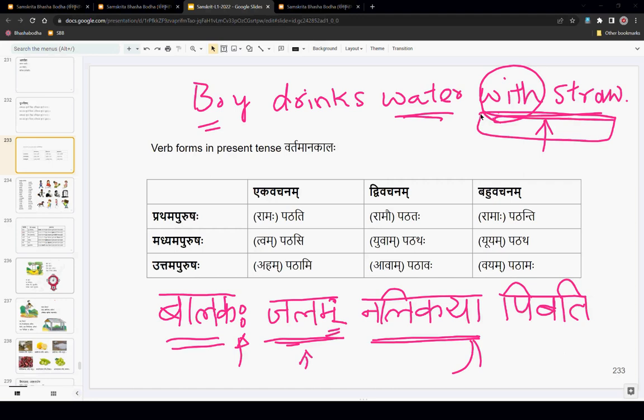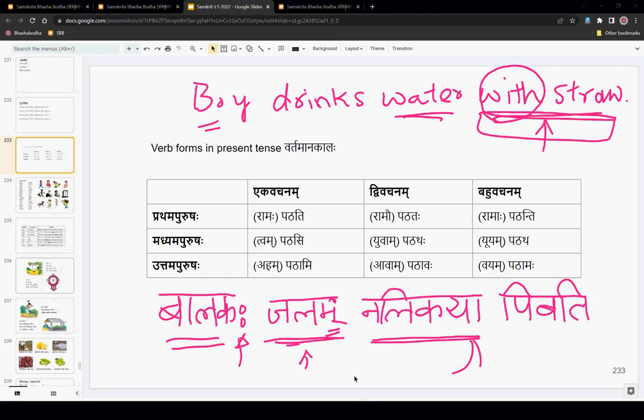It doesn't remain as two words. So this is the difference here. The same thing, when we say a boy drinks water with straw in house or at home. So at home, at and home, these are two words in English. But when it comes to Sanskritam, they become one word, a single word.